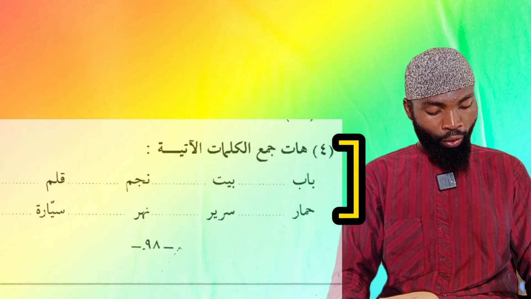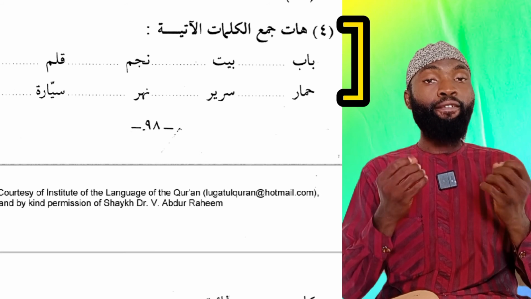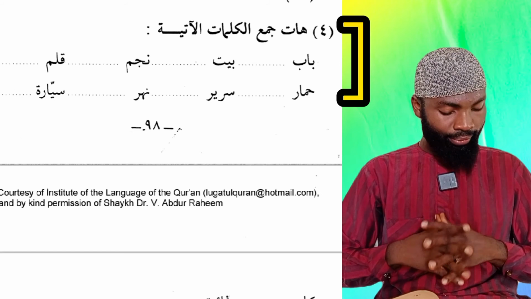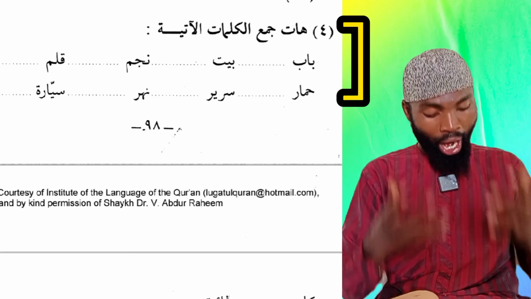Moving to exercise number 4, it says Hati Jama al Kalimatil Atiya. Bring forth the plural of the following words. The first word we have here is babun. What is the plural form? It will be abwabun.